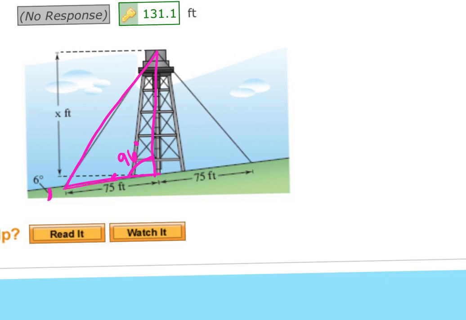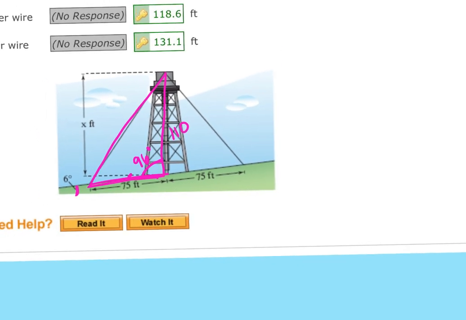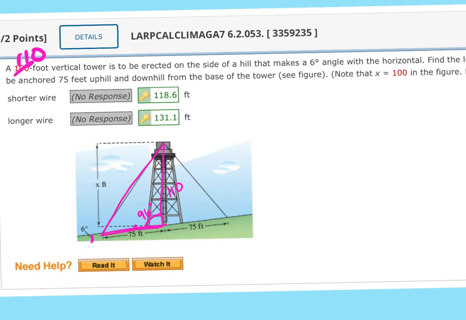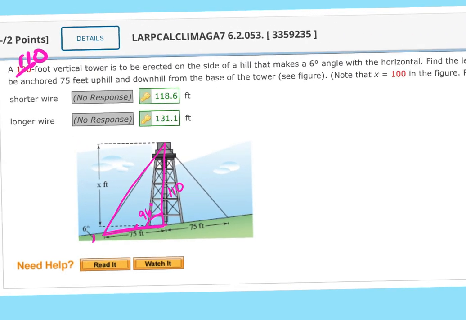Now I know this is 75 and I know my tower is 110. So to find x, this one's the longer wire, this one's the shorter wire. So I'm going to find the longer wire first.